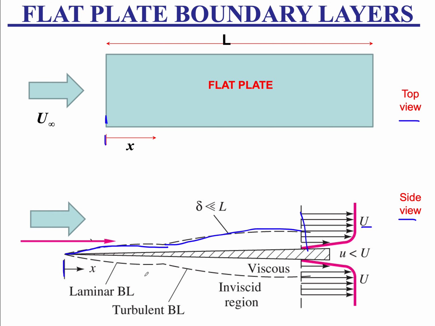For a certain distance x critical from the leading edge of my flat plate, I expect to have a laminar boundary layer, and beyond that x critical from the leading edge, I expect to get a turbulent boundary layer.